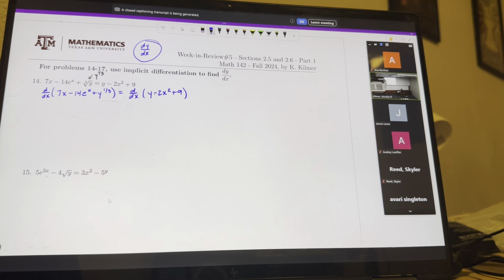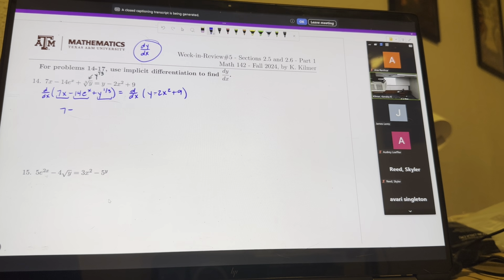On the inside, on the left-hand side, we have a sum and difference of three functions. To find the derivative of a sum or difference of three functions, I can just take the derivative of each piece. What's the derivative of 7x? 7.